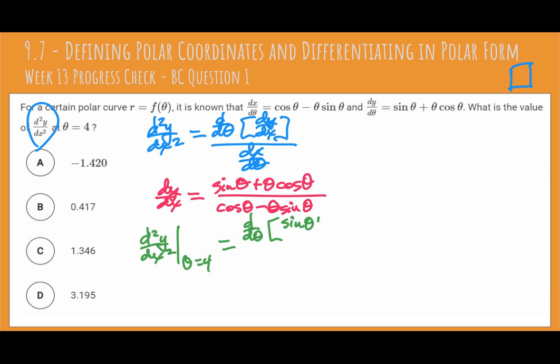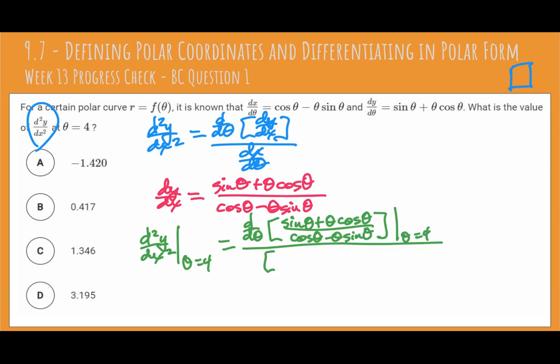So sine of theta plus theta cosine of theta over cosine of theta minus theta sine of theta. And we're going to evaluate that at theta equals 4 and take that and divide it by the derivative of x with respect to theta.